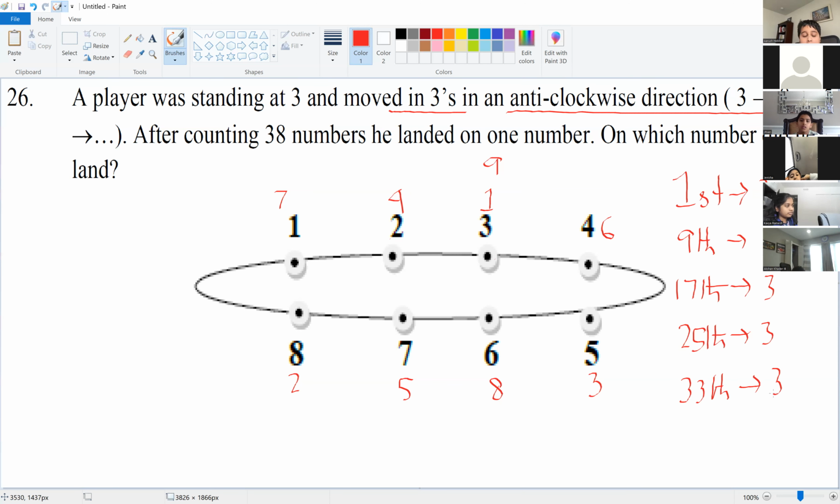So 33rd is 3. Now we have to go 5 more places. So that would be 1, 2, 3, 4, and then 5. That would be 38. I think we have to count 3 as a first number.